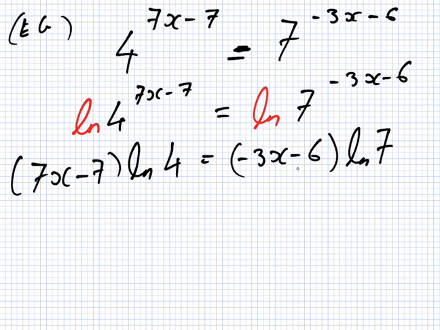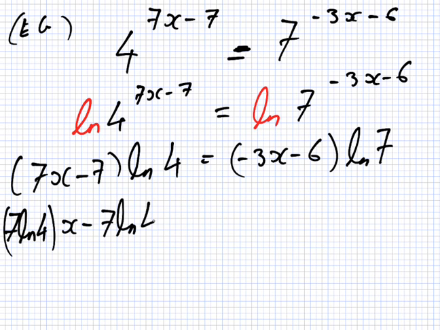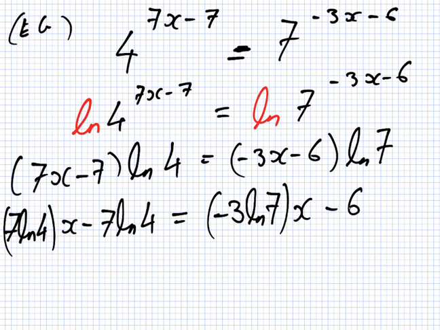Then what I can do is I can open both of these up. So I have 7 log 4 x minus 7 log 4 equals minus 3 log 7 x minus 6 log 7.